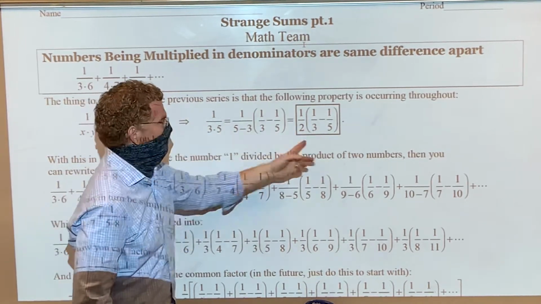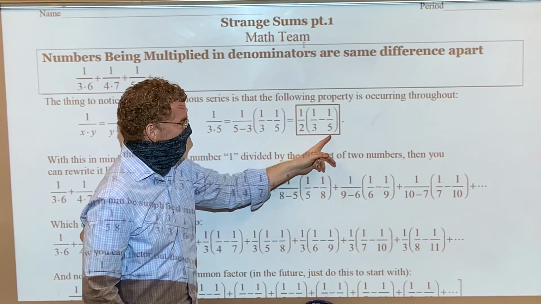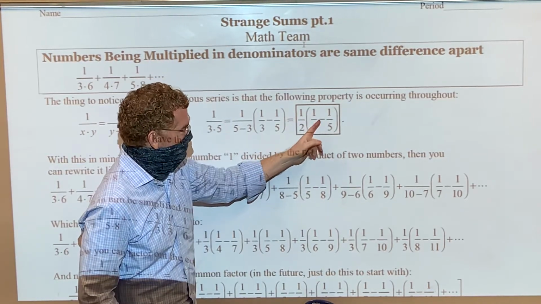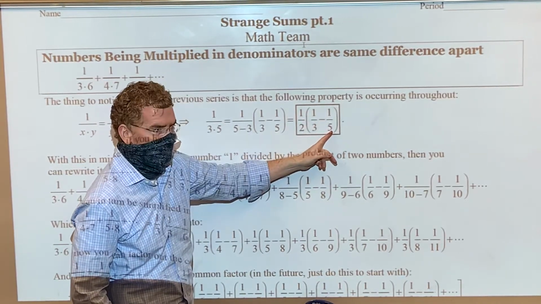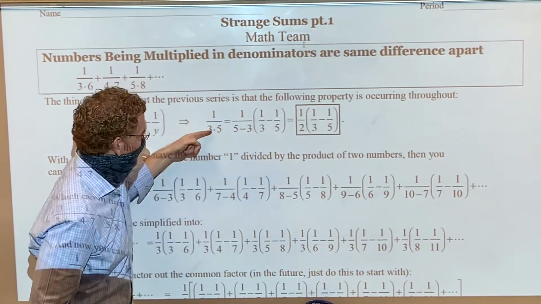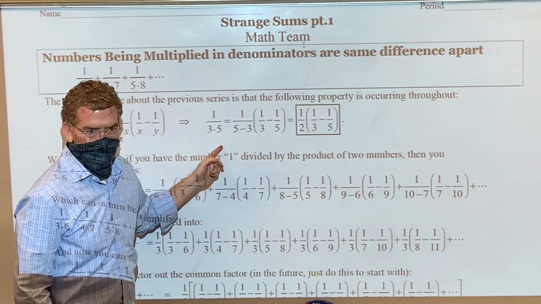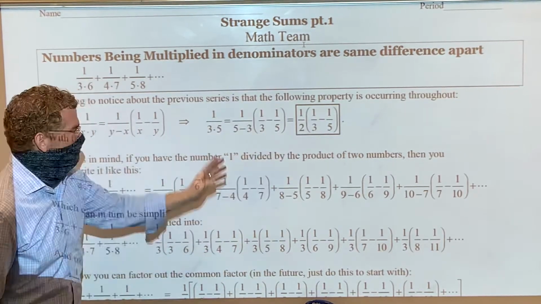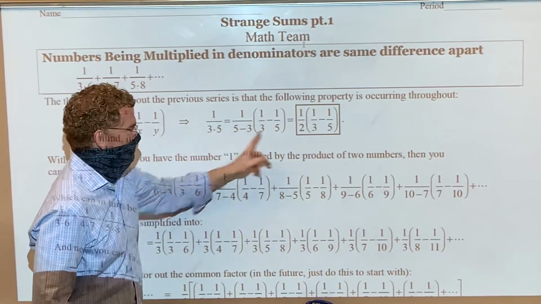And you can look at it, do the math on it. If you do the math on this, you end up getting 5/15 minus 3/15, which is 2/15, and 2/15 times a 1/2 gives me a 1/15, and that clearly is a 1/15. Now, if you're looking at this, you're like, well, that's stupid. Why would anybody ever want to write 1/15 as this?